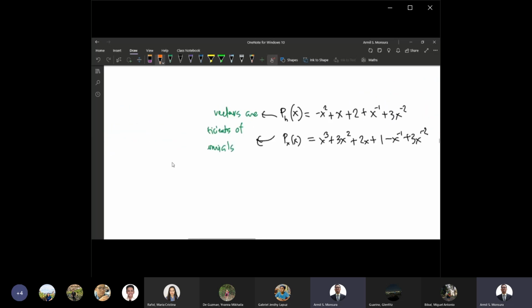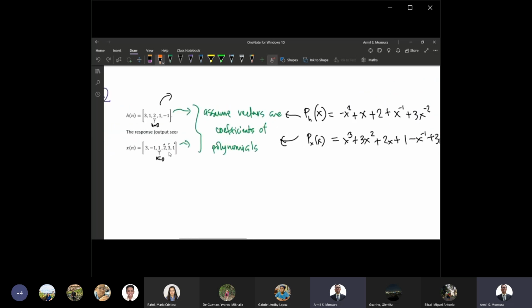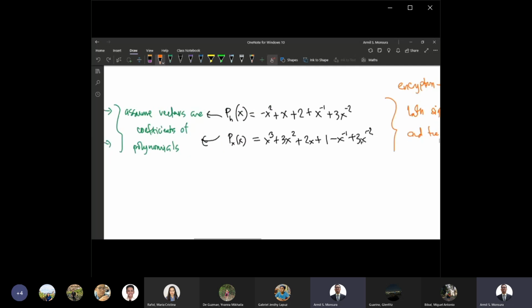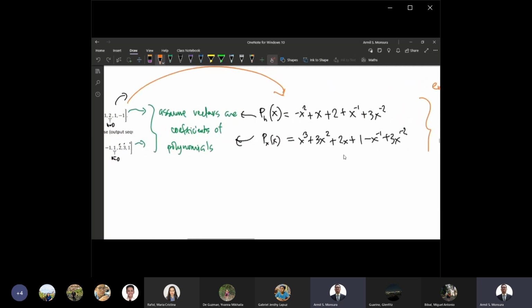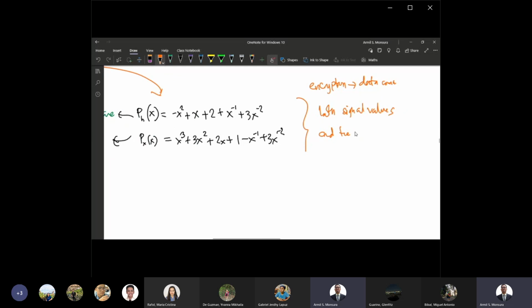Here we only show the signal values, and the time index we show in another way. Here we make it like a formula right away. So both the signal values and the time indices are indicated. So again, that representation of a vector as a polynomial is something that is really used.